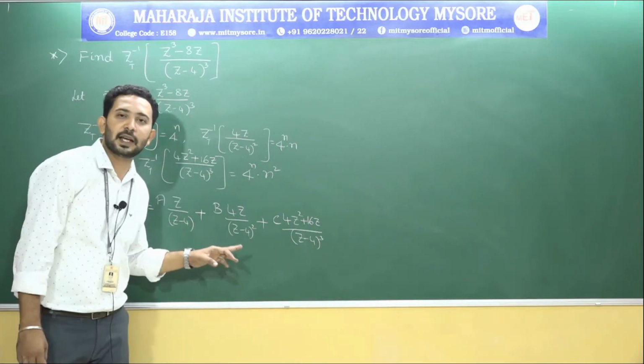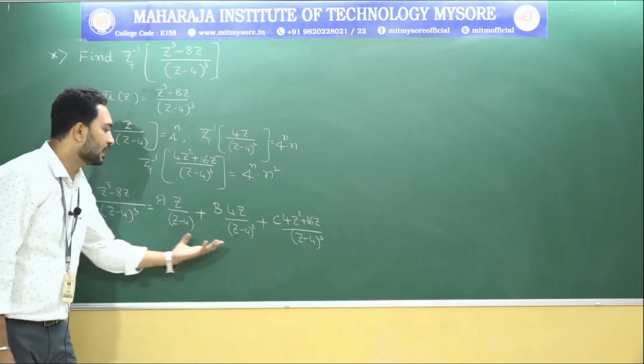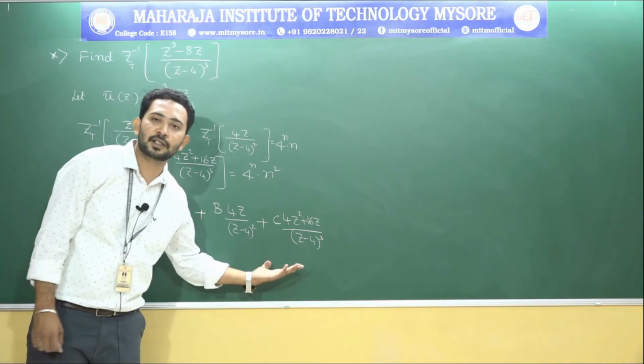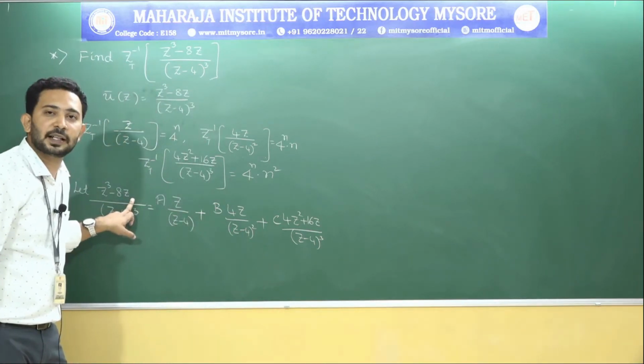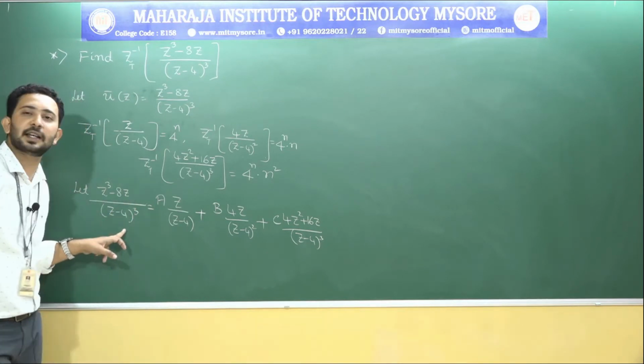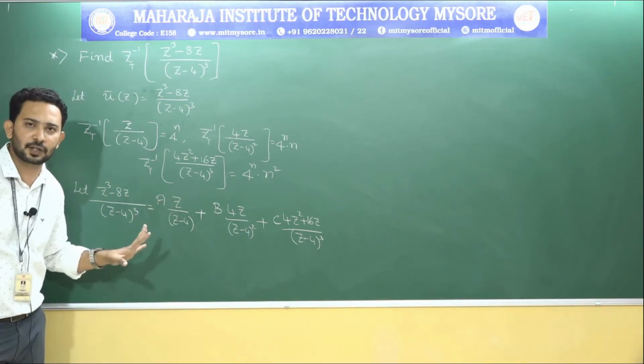If we remove a, b, c and simplify, taking the LCM (z minus 4) whole cube, we'll get the same result, that is (z cube minus 8z) divided by (z minus 4) whole cube. So nothing will change.